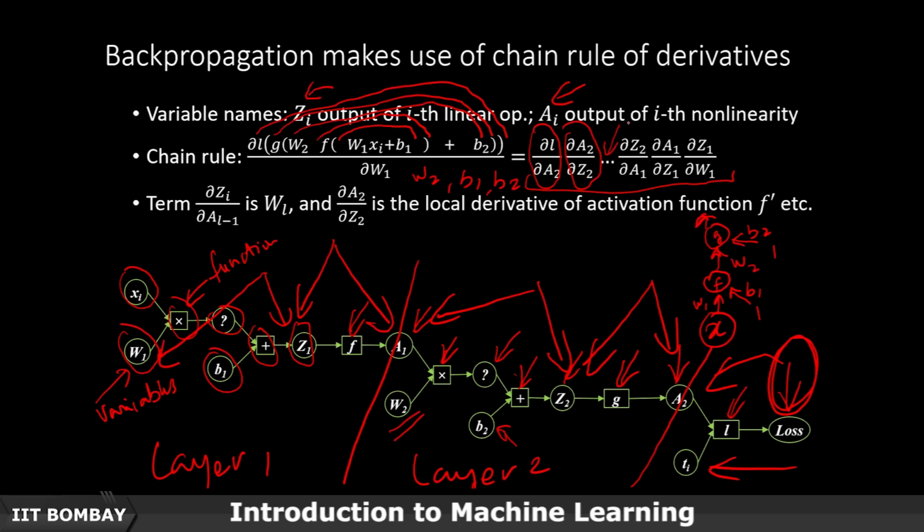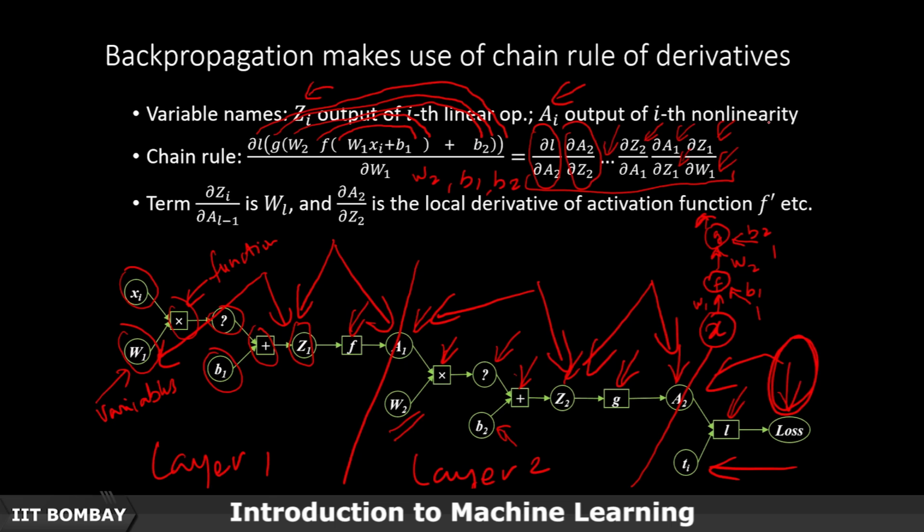Then this series would have continued, and finally we would have the derivative of Z2 with respect to A1, then A1 with respect to Z1, and then Z1 with respect to W1. So this is how we will compute the derivative of the loss with respect to the deepest of weights, which is closest to the inputs.